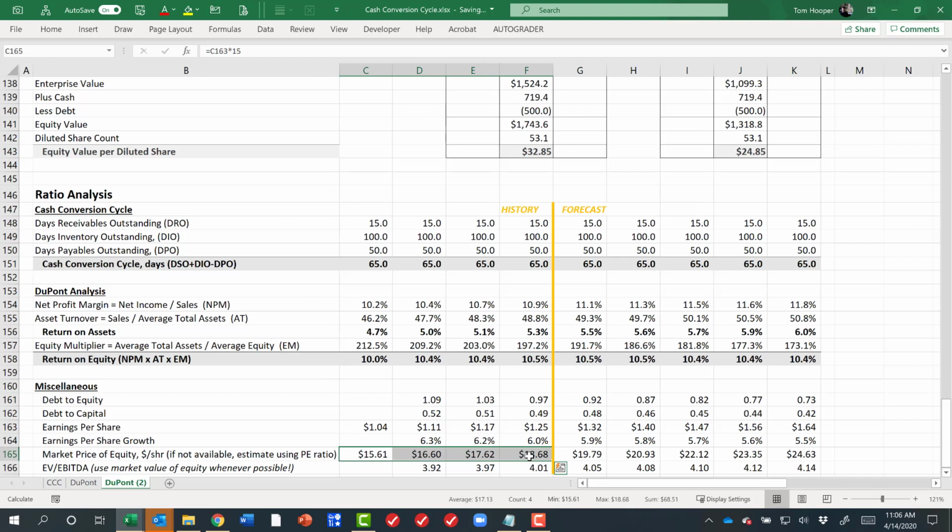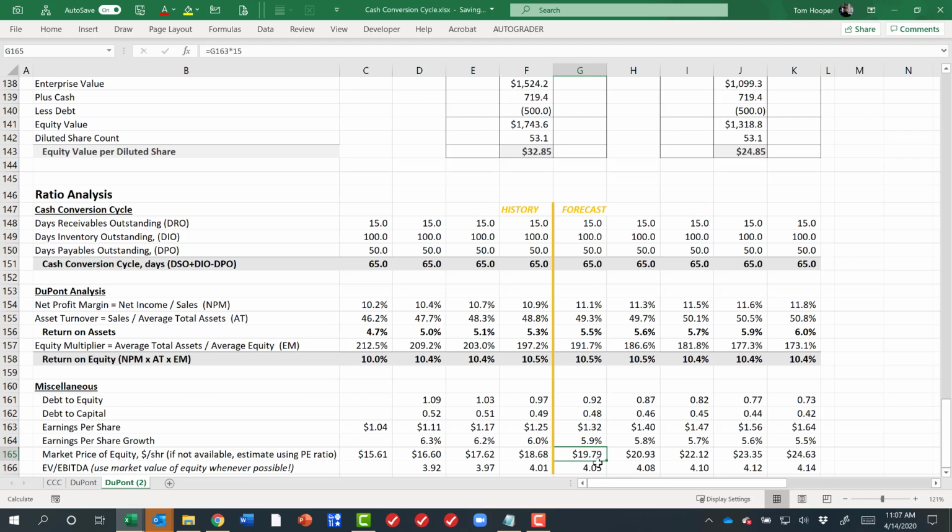If we don't, we could just estimate that using a PE ratio. So what we've done is taken our earnings per share, which is just net income divided by shares, multiplied that by a typical PE ratio of 15, and estimated a share price, which ends up pretty close to a round number of 20 here in 2019.